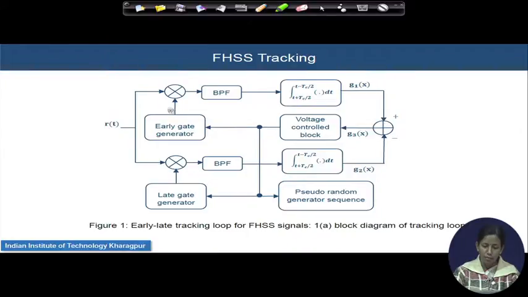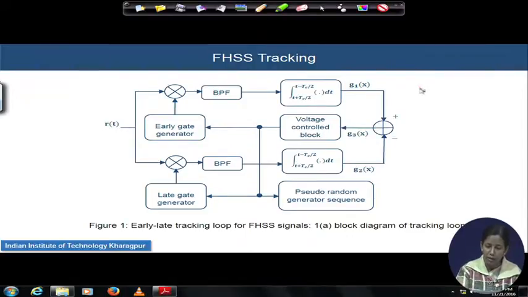Now, if they are in perfect sync, the integrator output slowly grows and reaches its maximum at the end of Tc by 2, and it remains there for the rest of the chip duration. So, what is happening? We will explain it in the diagram next.